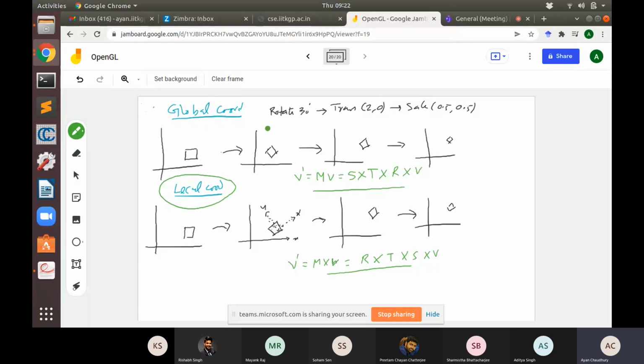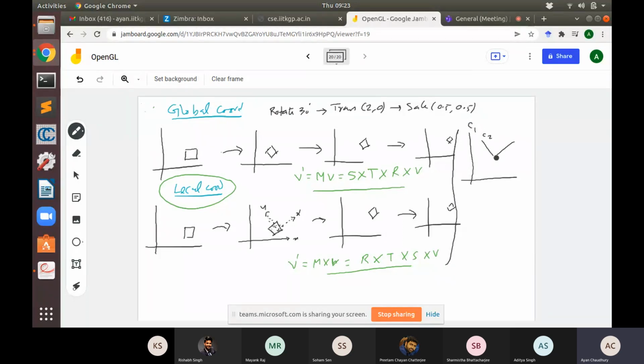Okay. So if we try to do a simple experiment, sorry, it doesn't allow anything in between. Okay, let's try to write somewhere here. So let's say there is a coordinate system here. Let's say this is a C1 coordinate system, and let's say here is a C2 coordinate system.